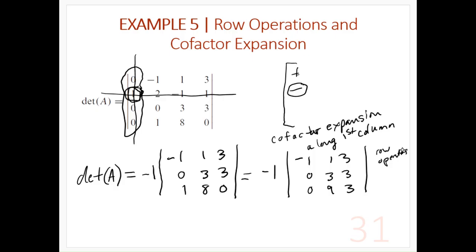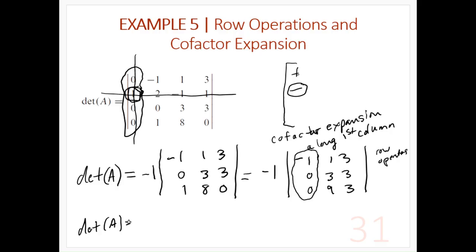And then now, guess what? We're going to go back again. We're going to realize that this is a great column to look at because it's got 2 zeros in it. So now we're going to go back to cofactor expansion along this first column. And so now we're going to get even further in this business.